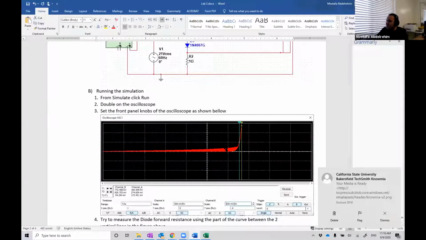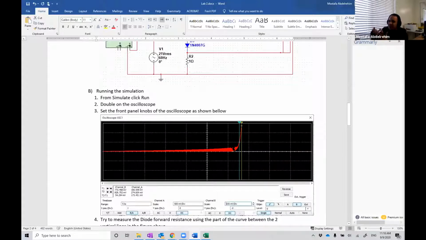So maybe each time it came up with a different solution, because the techniques that solve nonlinear equations together usually use some kind of random variables and such. So maybe this thick line is because of that, because we have many solutions for VD and ID for the same input. So maybe you get many points.